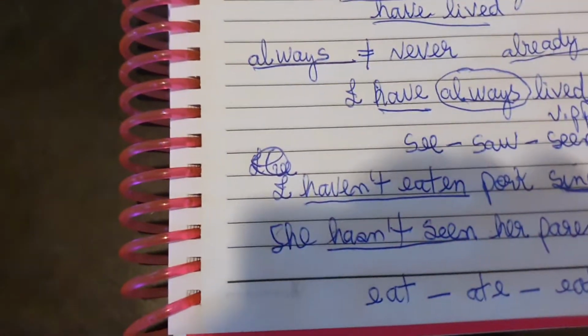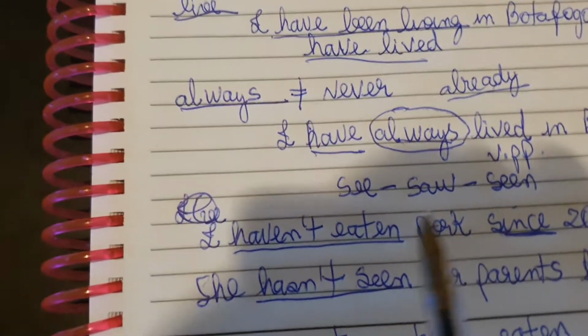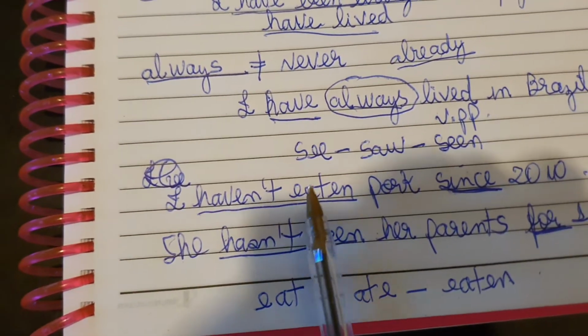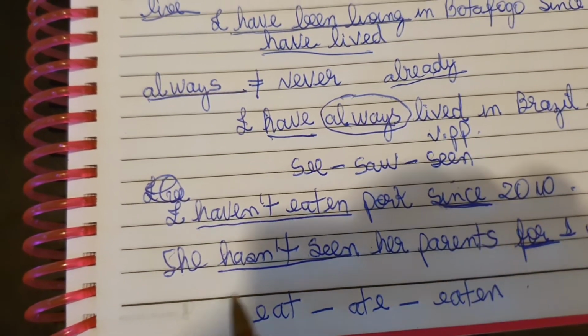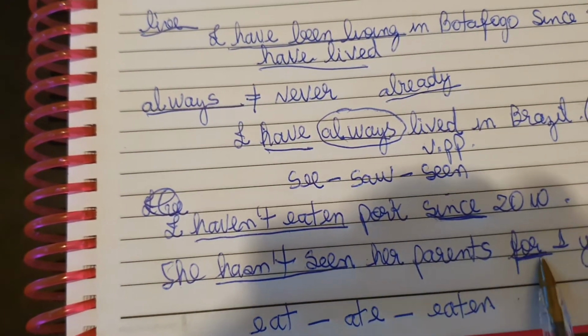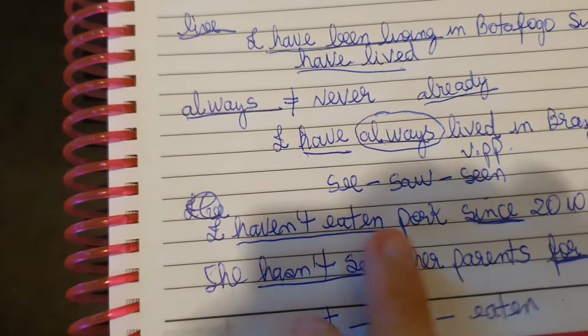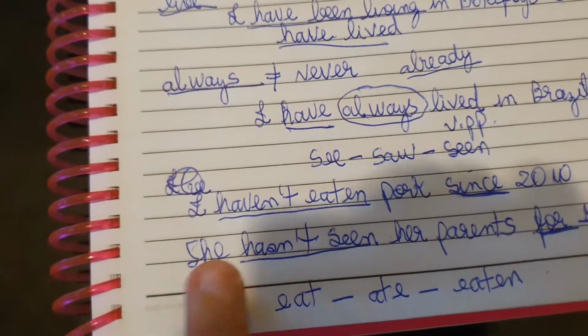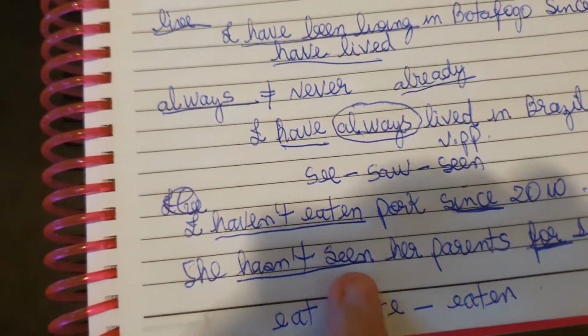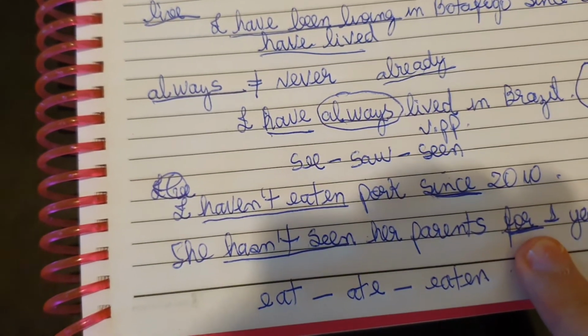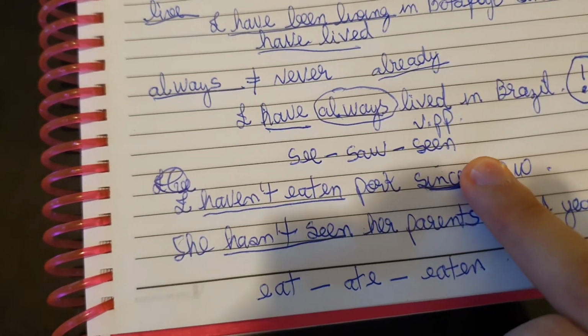What I want to emphasize here, just to end this video, is when you say something like I haven't done since, I haven't done for. So the pattern, I haven't done something, or she hasn't done something for some time, or since some time.